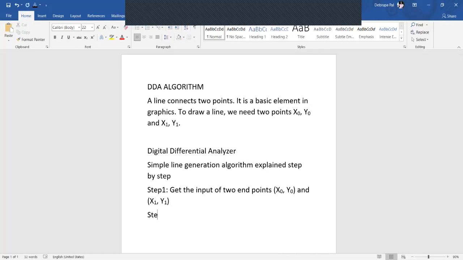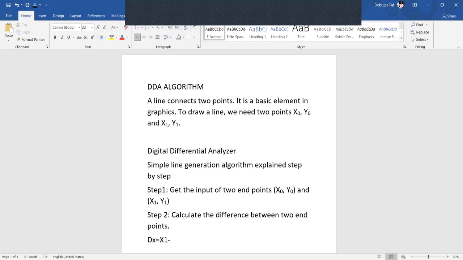Now let us look at step 2. What is step 2? Here we calculate the difference between two endpoints. Two endpoints means starting point and ending point. The difference is calculated.